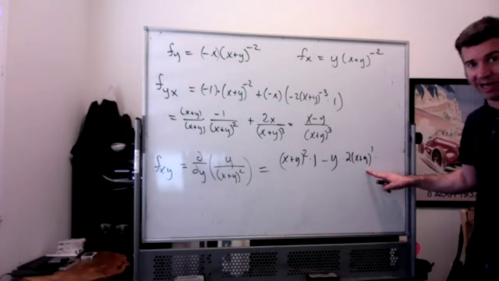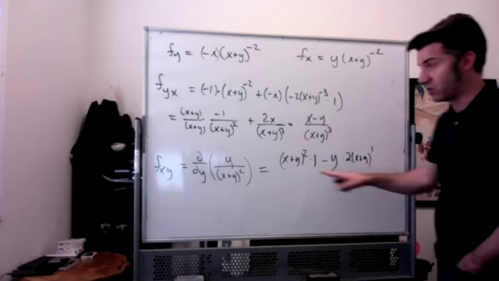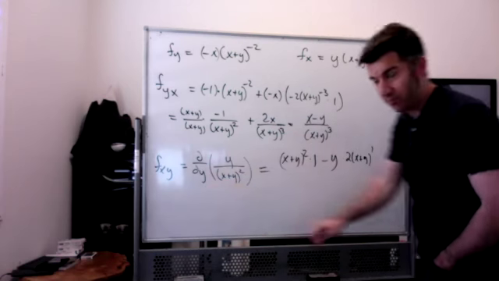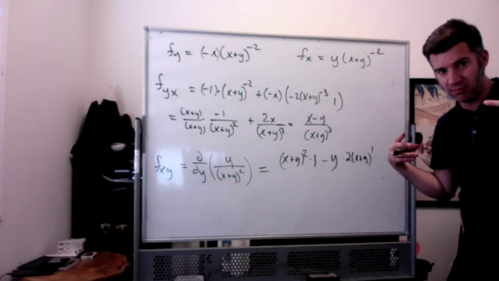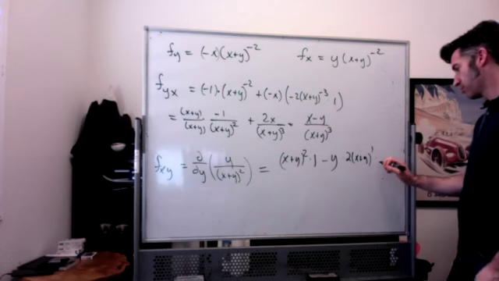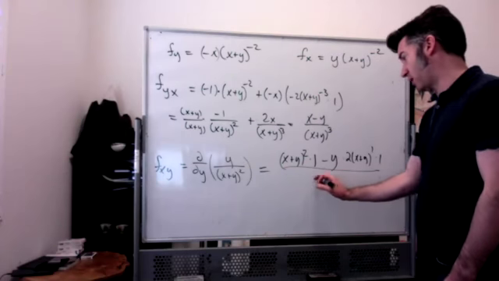The derivative of x plus y is 0 plus 1, because again, we're differentiating with respect to y. You always have to think, oh, y is my variable, x is a constant. Divided by x plus y to the 4th.